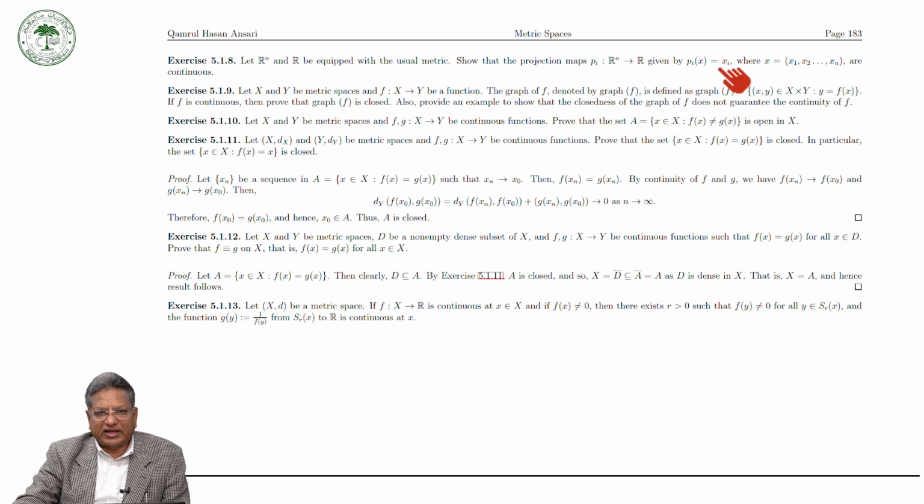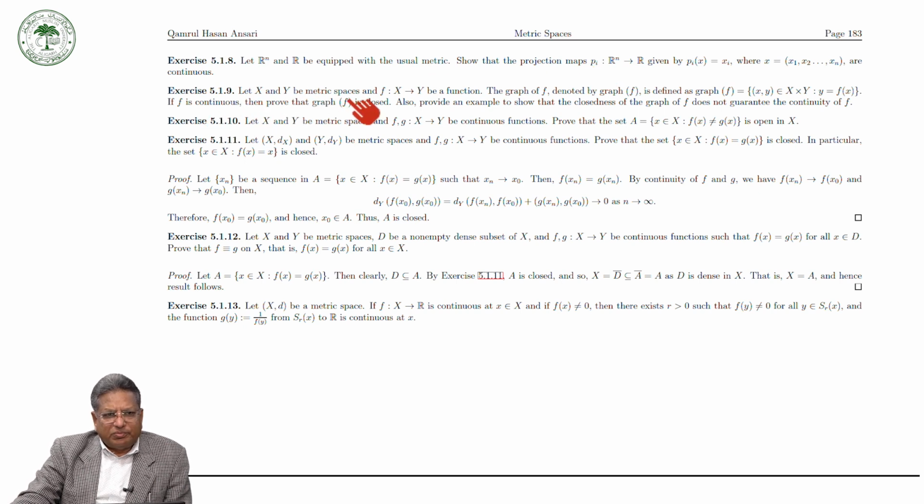You can treat this as the definition of a projection map from R^n to R. So all the projection maps are continuous functions. This you can prove very easily, very simple.